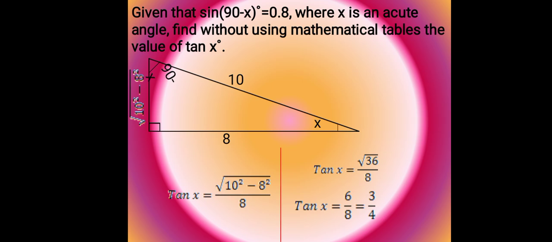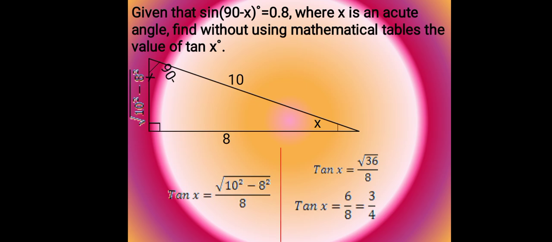Now we are told to find tan x. So tan x will be the opposite side over the adjacent. Now we know the adjacent side to be 8. We don't know the opposite side, but we can find it using the Pythagoras theorem because we know the hypotenuse.